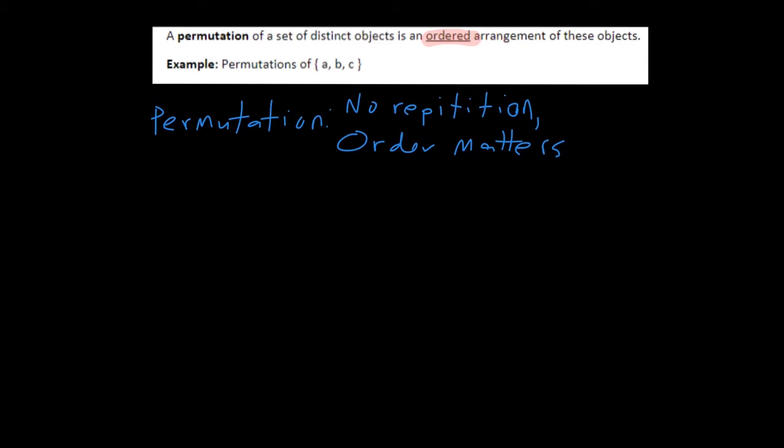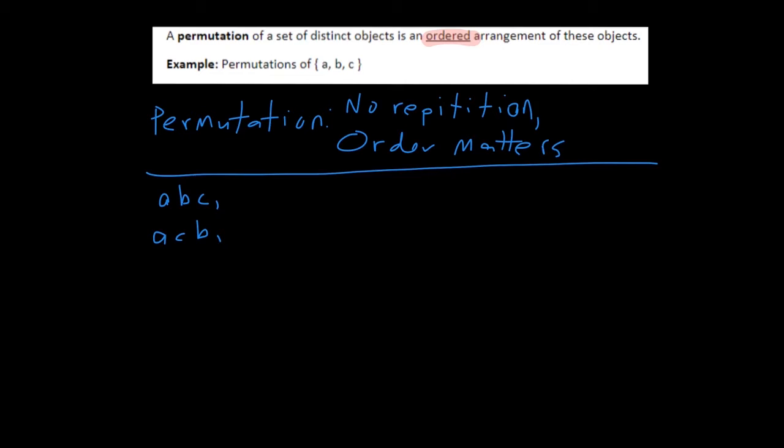So we can also do this with sets. If I want to look at all of the permutations of the set ABC, what I want to do is figure out the different ways I can arrange the letters A, B, C, where the order matters. First of all, I could just have A, B, C, that's one permutation. Or I could have A, C, B, that's different because the B and the C are swapped.